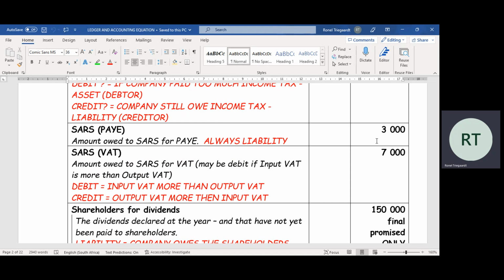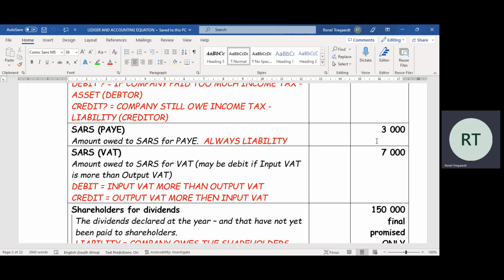SARS VAT, dit gaan jy hierdie jaar nog weer na kyk. SARS, said BTW, if SARS VAT has a debit balance, it means they must refund you. SARS VAT will have a debit balance if the input VAT last month was more than the output VAT.